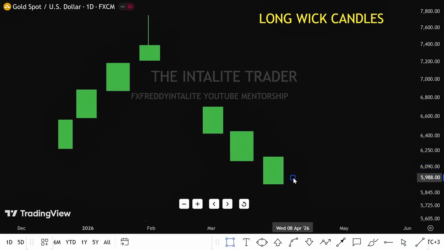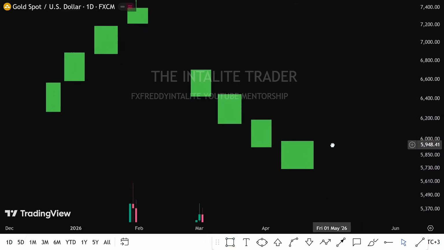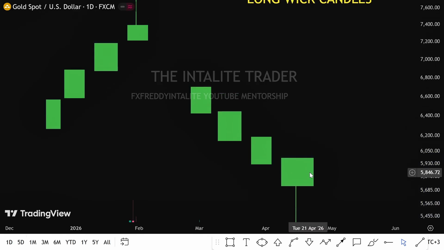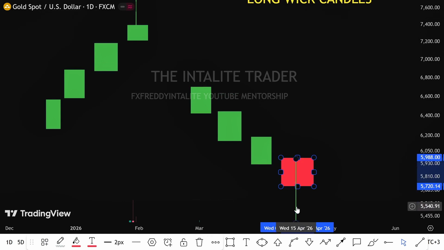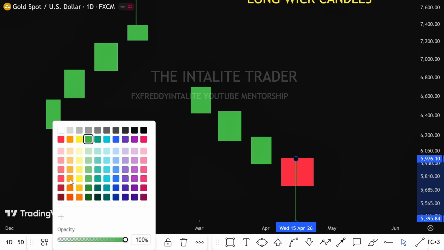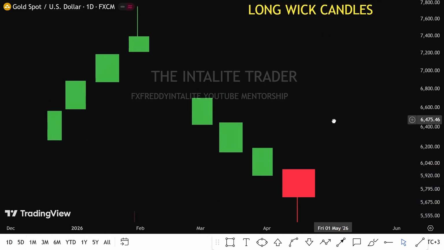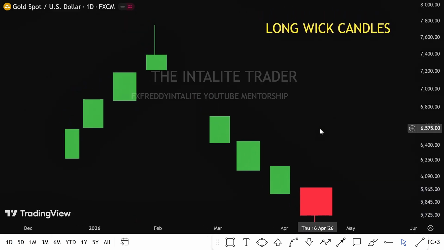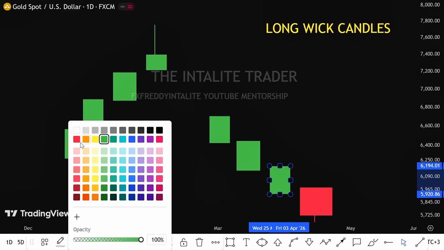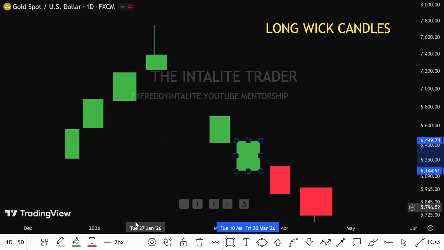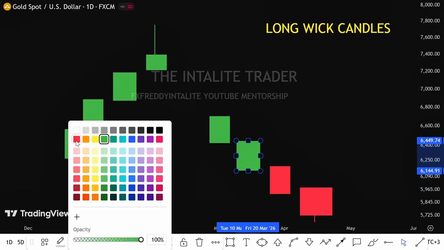So you have a candle pattern that forms with wicks sticking out on both sides. The most important thing is to see a wick.